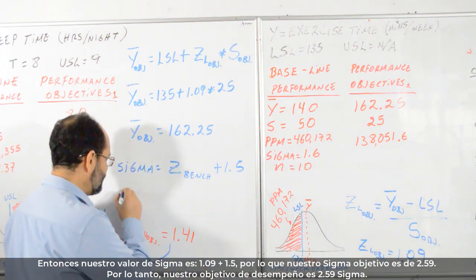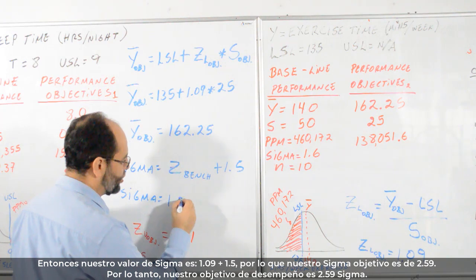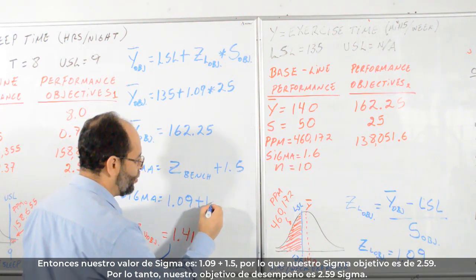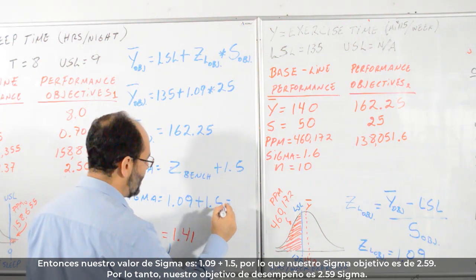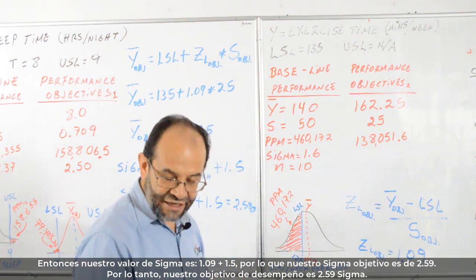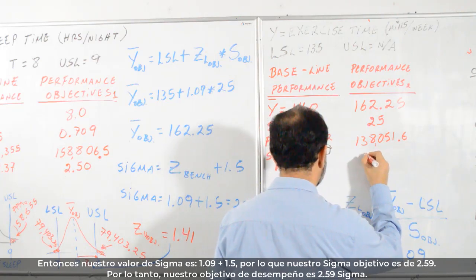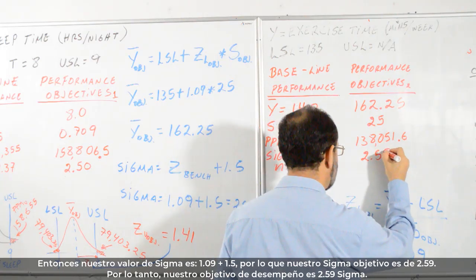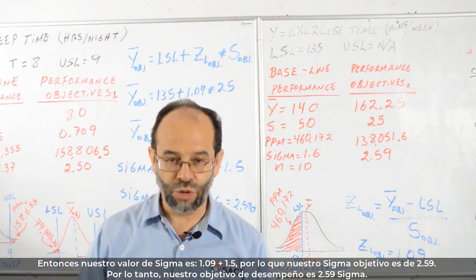Then our sigma value is 1.09 plus 1.5. Then our objective is to have a sigma of 2.59 sigma. And those will be our performance objectives.